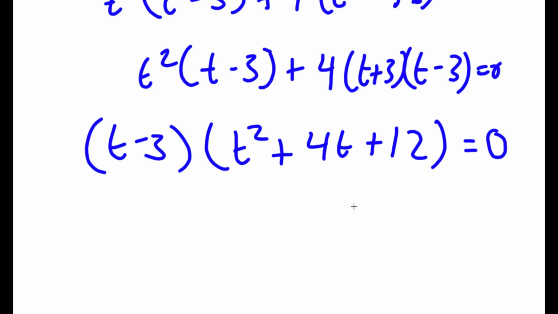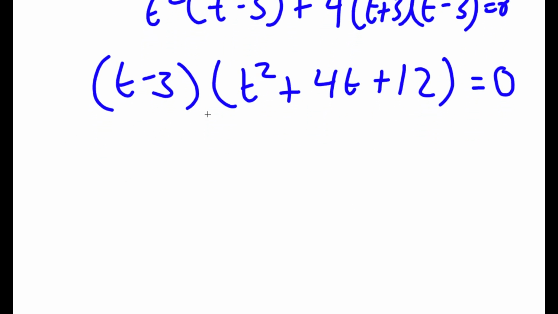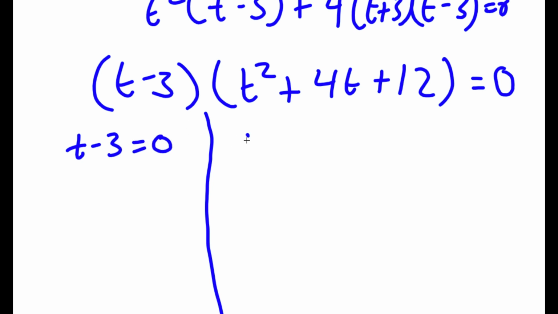Now this gives me two equations. I have t minus 3 is equal to 0, and I also have t squared plus 4t plus 12 is equal to 0. So these are my two equations that I get from this.